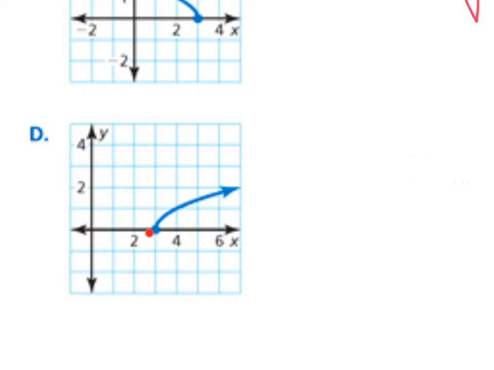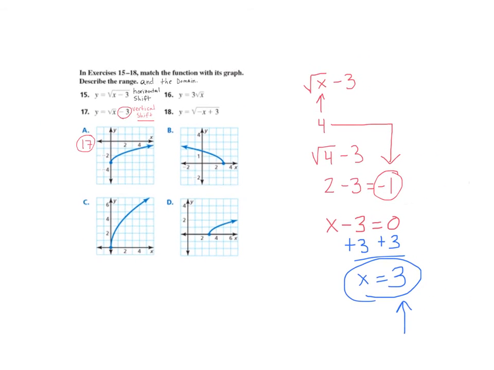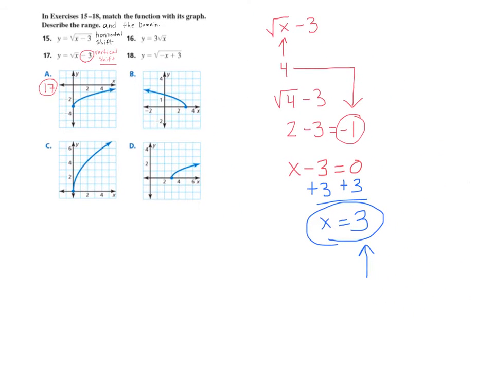Now we can check our answer just the same way as we did on the previous problem. You can see on this one when you plug 4 in for x, you should get 1 out for y. We're saying 15 is the correct function, so let's plug 4 into it. I'm going to take this function, square root of x minus 3, and plug 4 into it. So I have the square root of 4 minus 3, that's the square root of 1, and that equals 1.